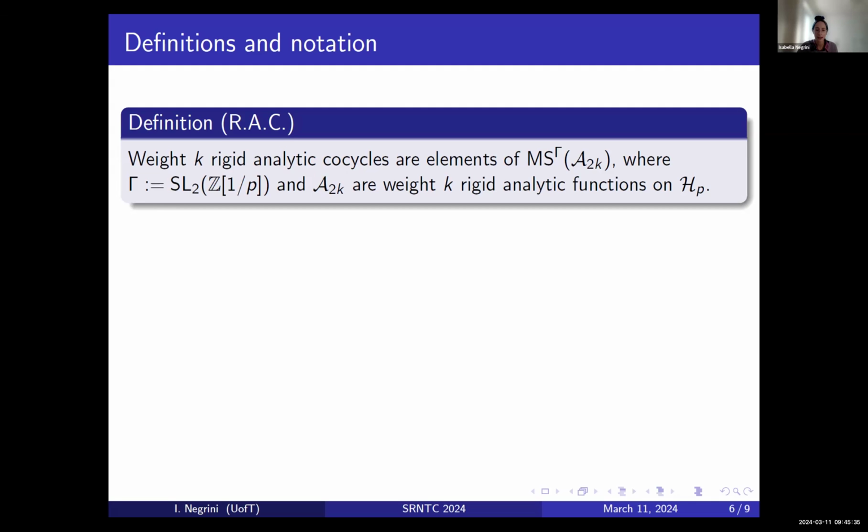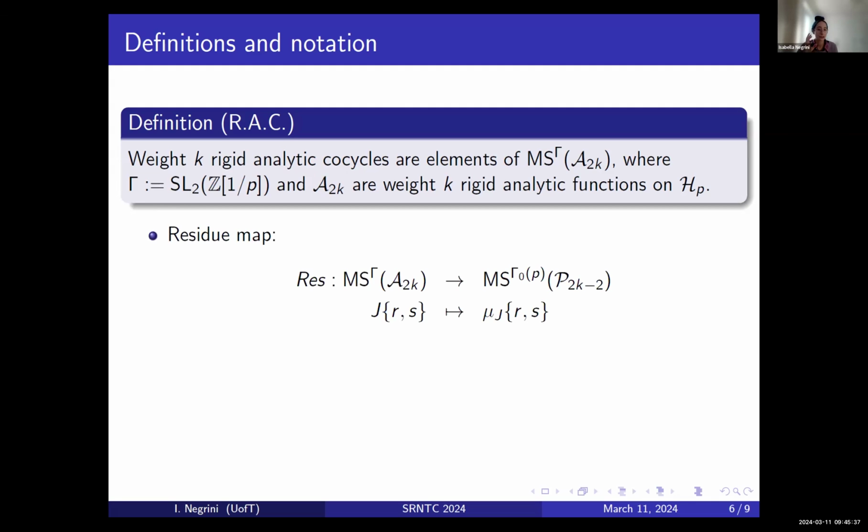Now in order to state the main theorem, I need to introduce some notation. There is the so-called residue map, which goes from rigid cocycles to modular symbols, which are invariant for another group. And this is the space of homogeneous polynomials with this degree.